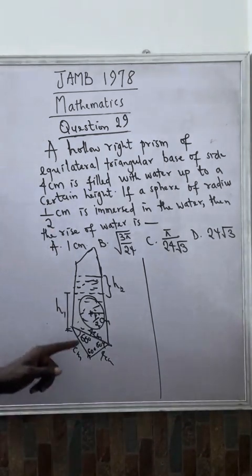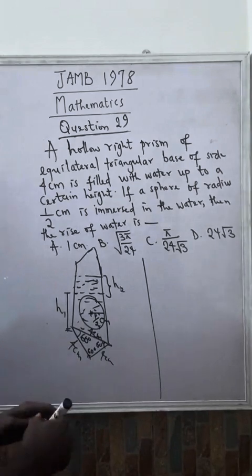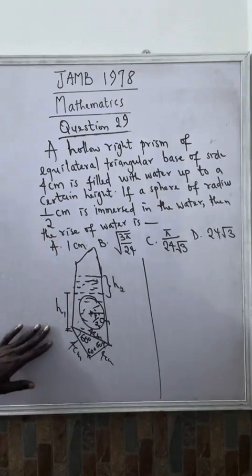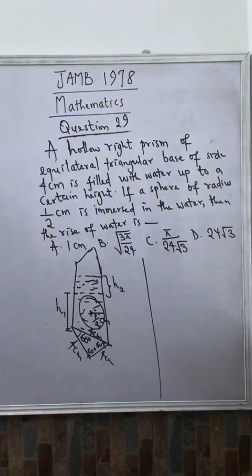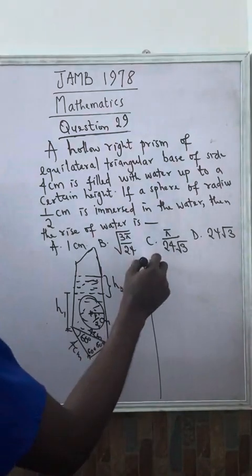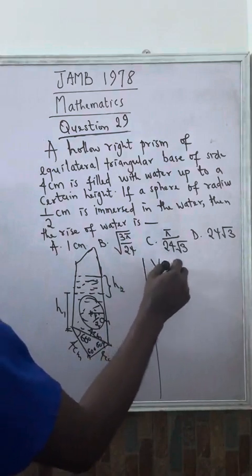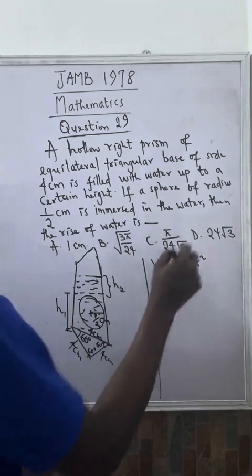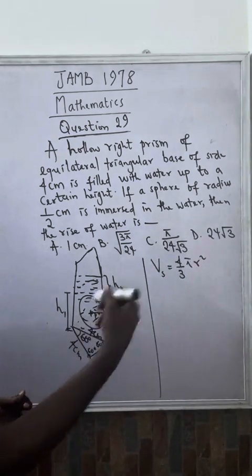Let's start with the volume of the sphere. Volume of sphere is equal to 4/3 pi r cubed. We are given r as half centimeter.